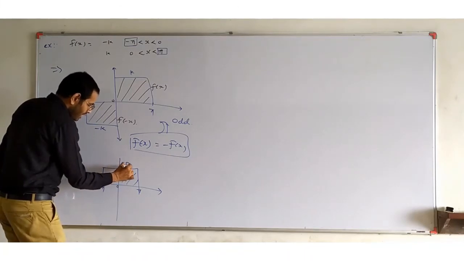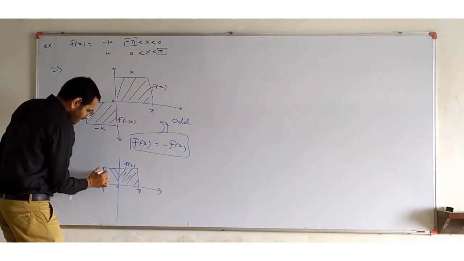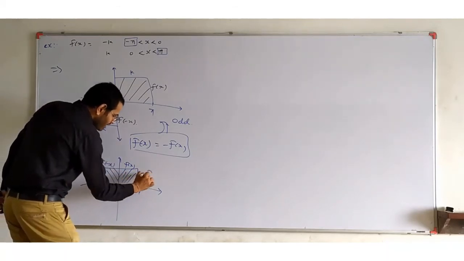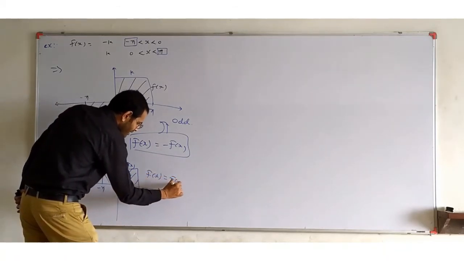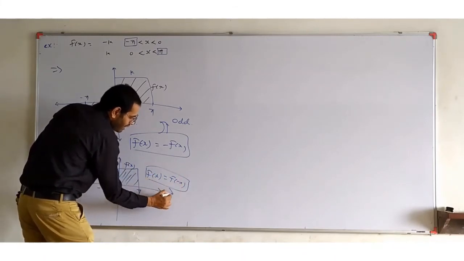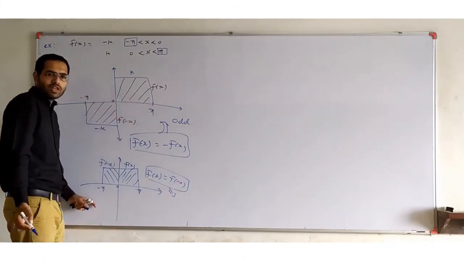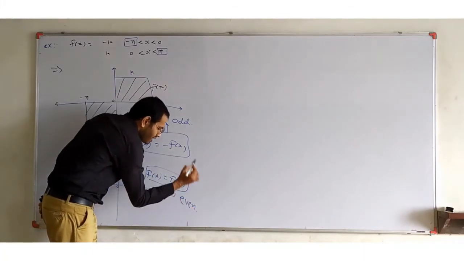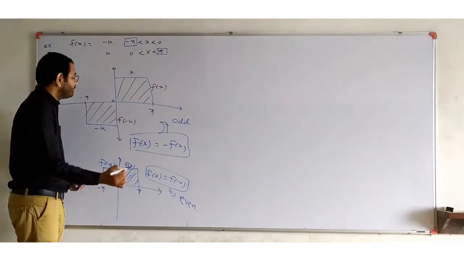This one is our f of x, and this one is our f of minus x. Then the condition f of x equals f of minus x will be satisfied, and if this type of graphical representation is given in the question, then we can say that the given function is even.